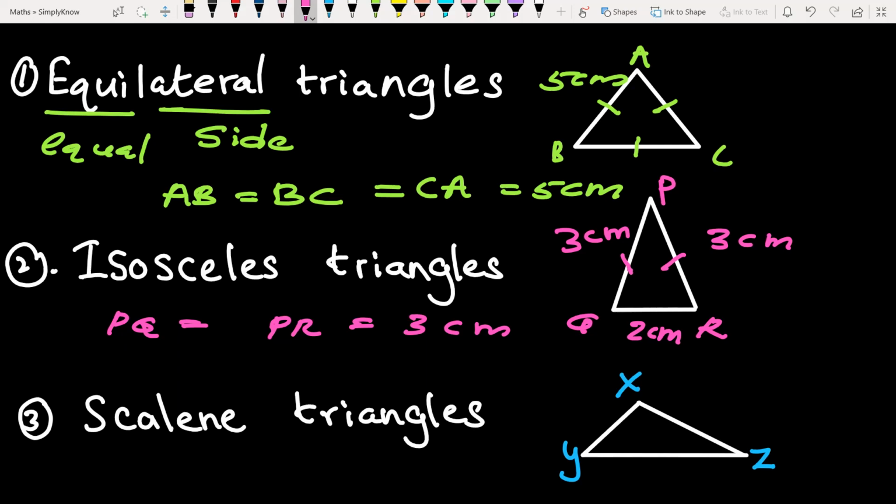Let's say this side is 3 centimeters and this is 5 centimeters and this side is 4 centimeters. So three different sides. Therefore, this is a scalene triangle. So these are the different types of triangles based on their sides: equilateral triangles, isosceles triangles, and scalene triangles.